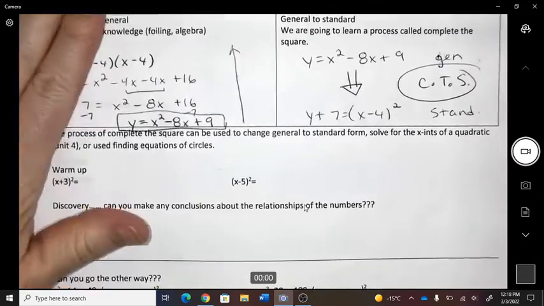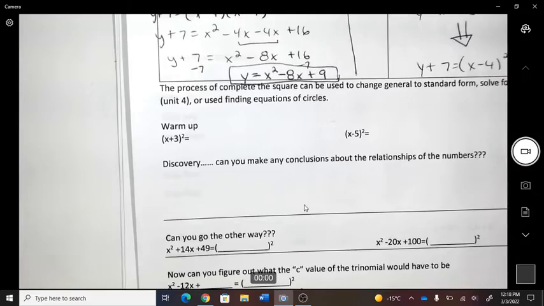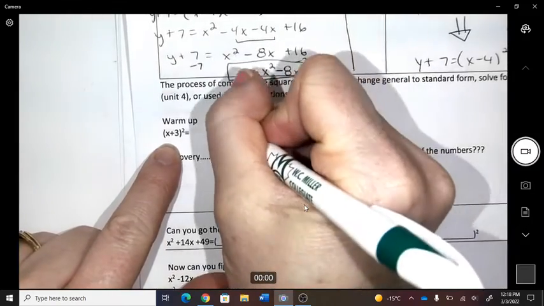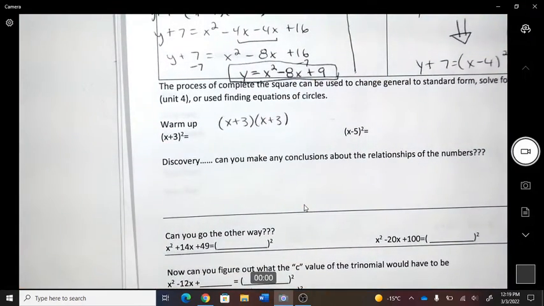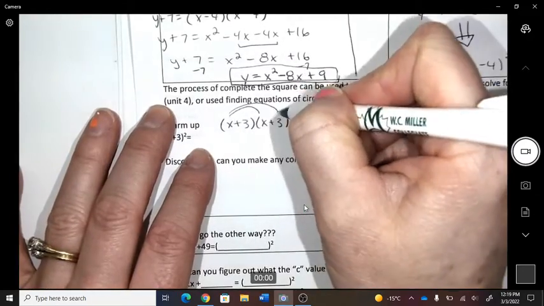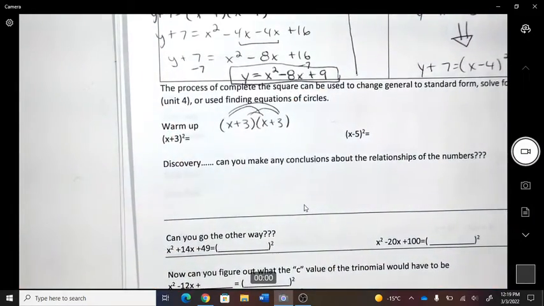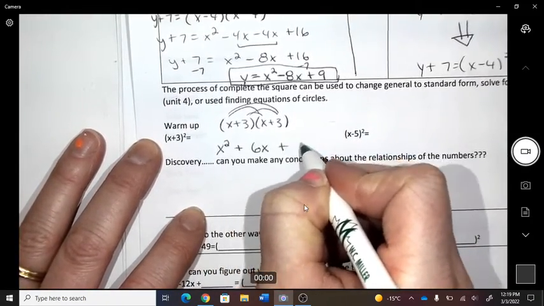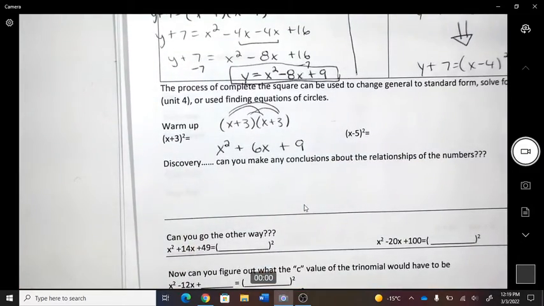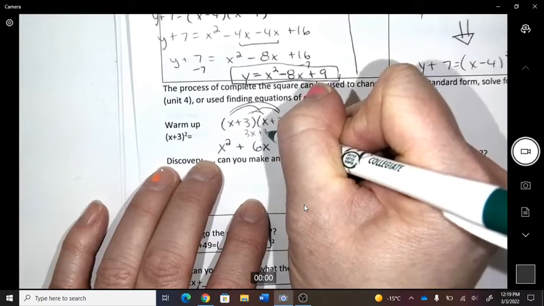Okay, we're going to do some math warm-ups here, so to get us ready for what we're going to do. Can you figure out this? So if I do x plus 3 squared, can you figure out what that would FOIL to be? Okay, did you get x squared plus 6x plus 9? Because you could put the 3x and the 3x together.